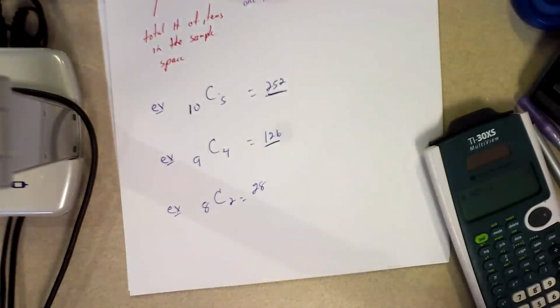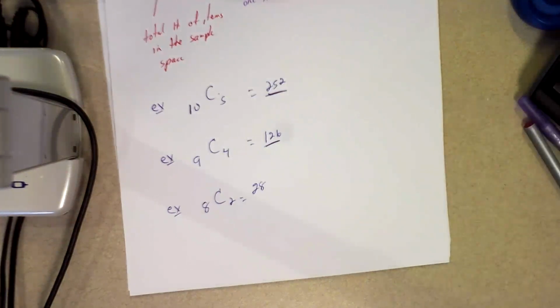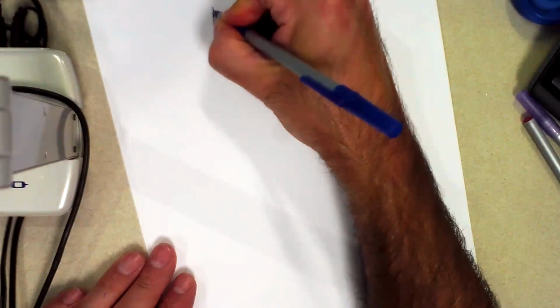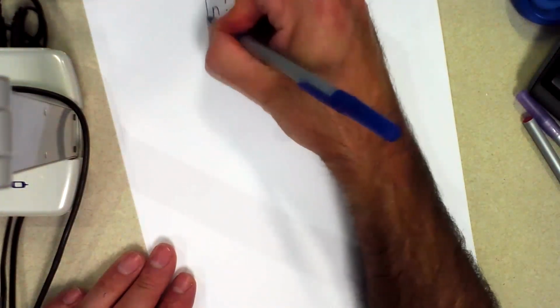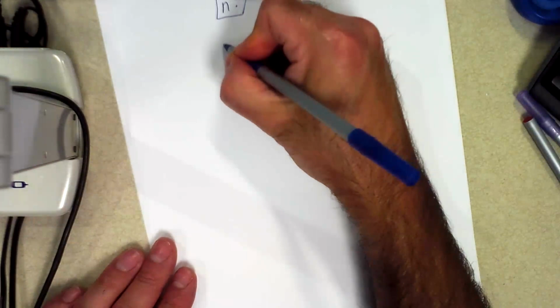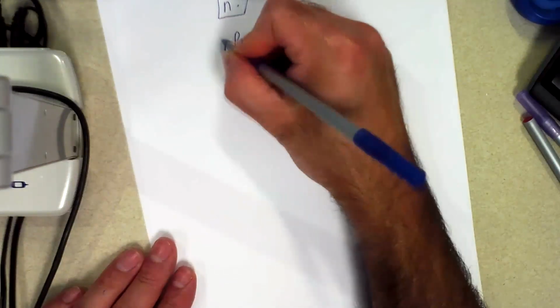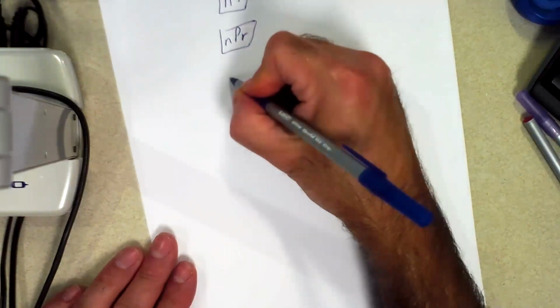All right, so let's review what we did. All we're doing is using three functions: the factorial, the nPr, and the nCr.